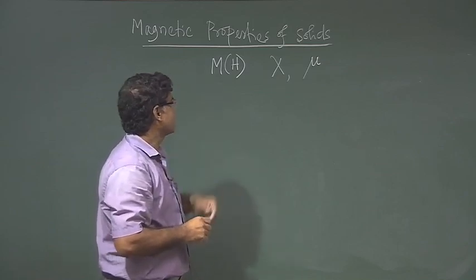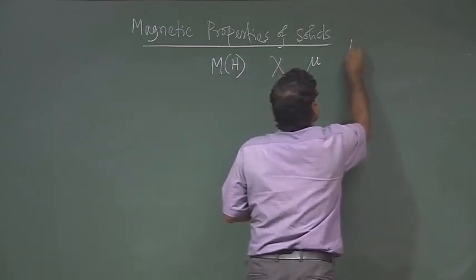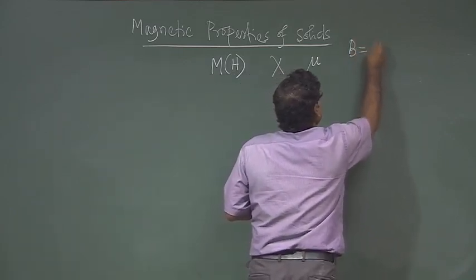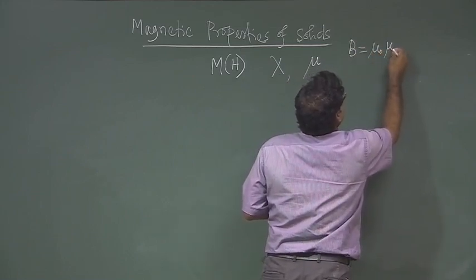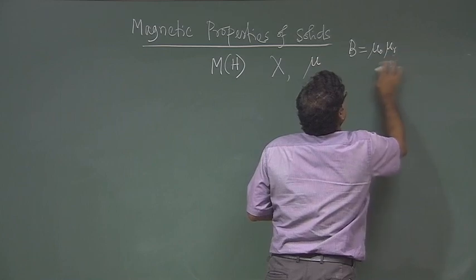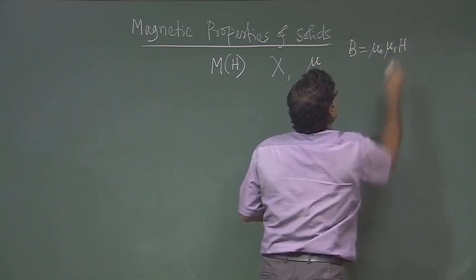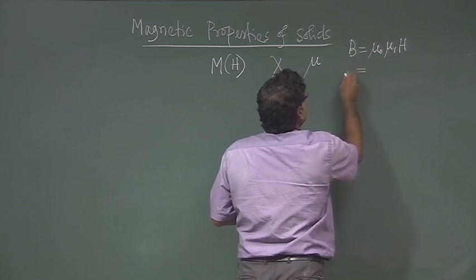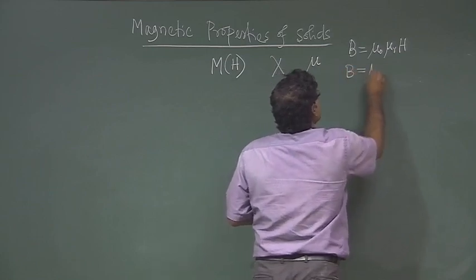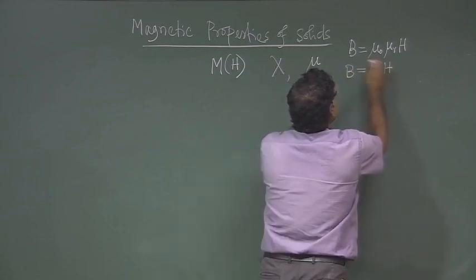The relation I have shown you is B equal to mu 0 mu r H. From here I have shown that there are two contributions.